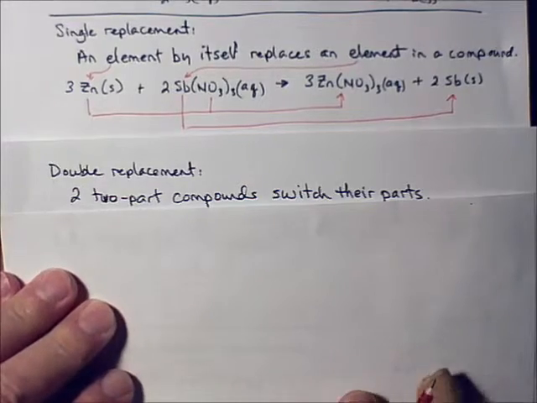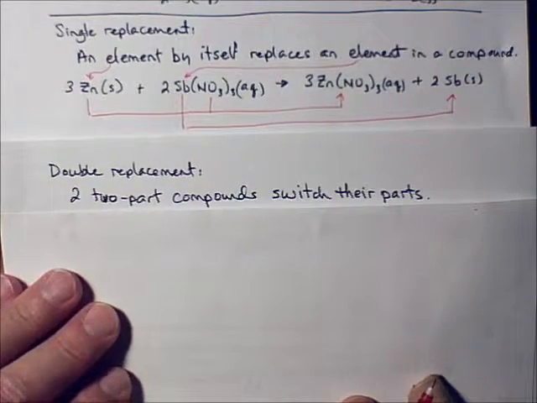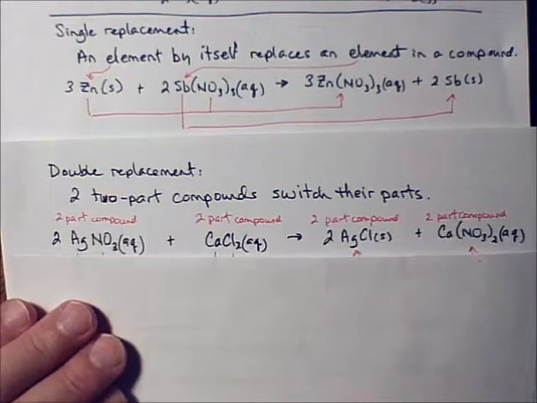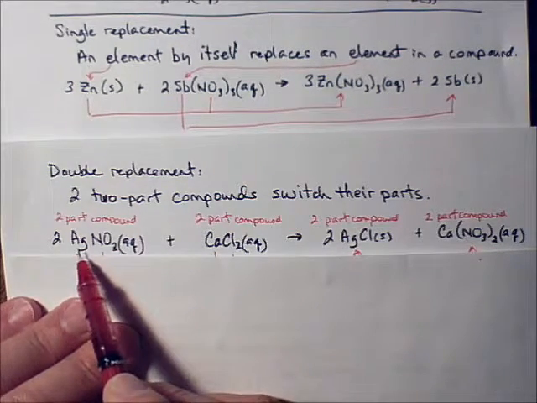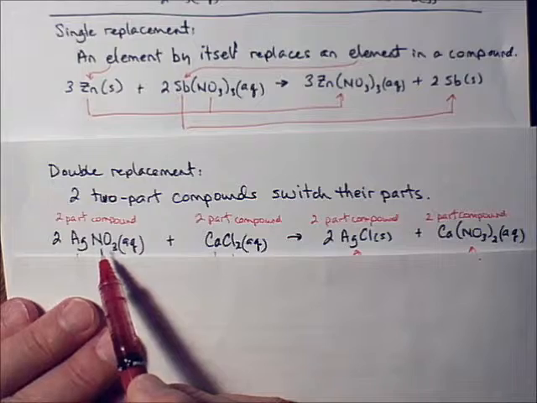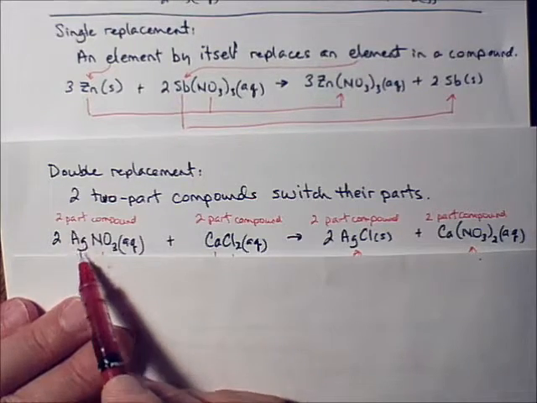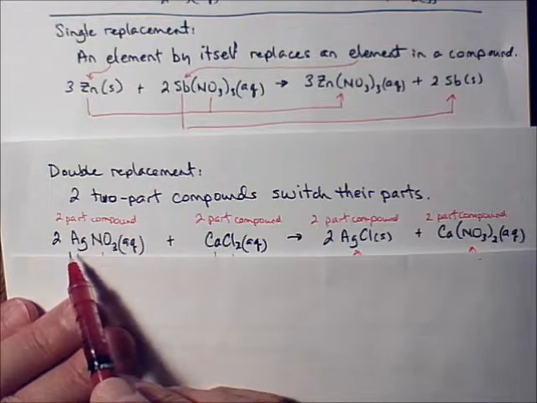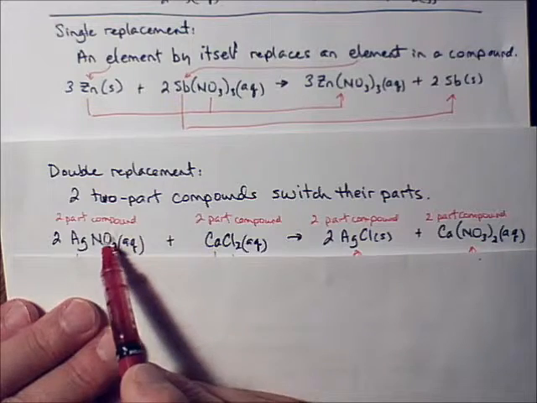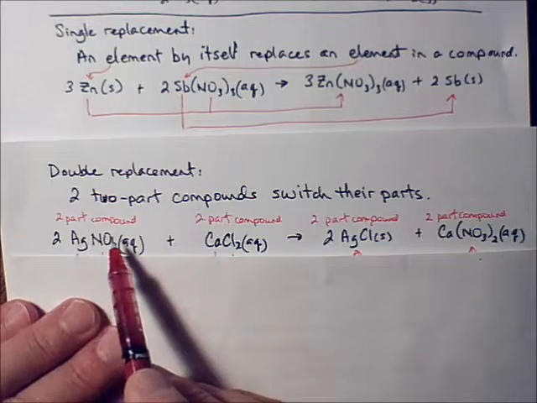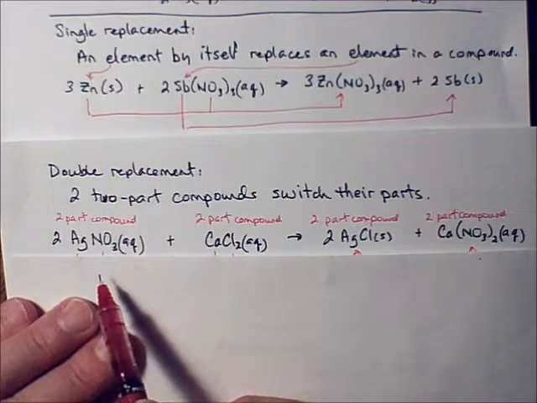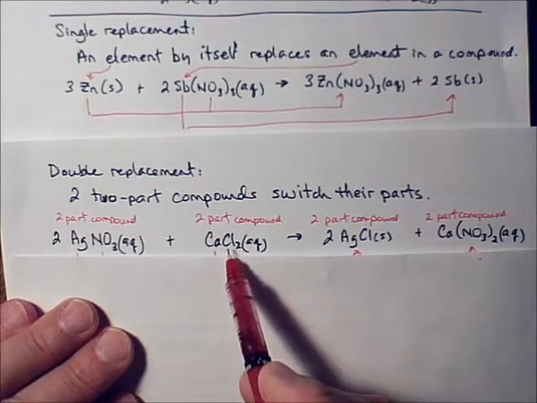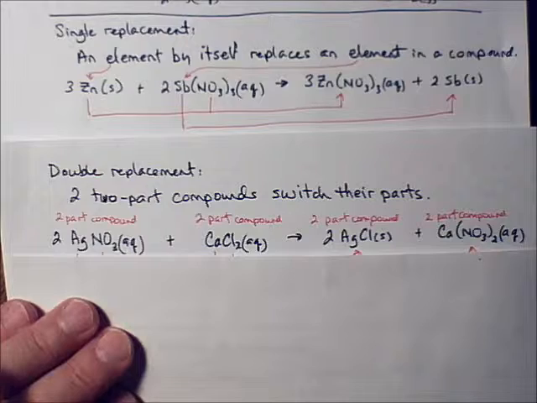Alright, so two-part compounds switch their parts. Okay, so here's an example. Here's a two-part compound. A cation and an anion. Positively charged particle, a negatively charged particle. Silver has a 1 plus charge. The nitrate here on the end has a 1 negative charge. Okay? Here's a two-part compound.